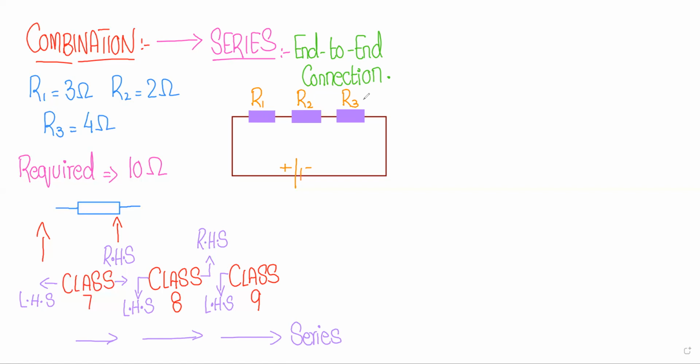Okay. So now when current starts flowing in the circuit, before finding the resistance, if you remember Ohm's law, what is the equation of Ohm's law? That is V equals IR. That is Ohm's law, right? And we are calculating the resistance.